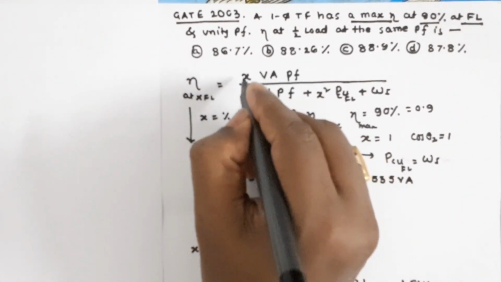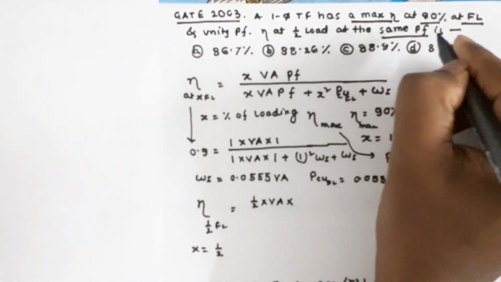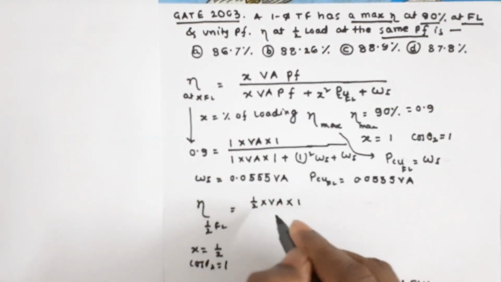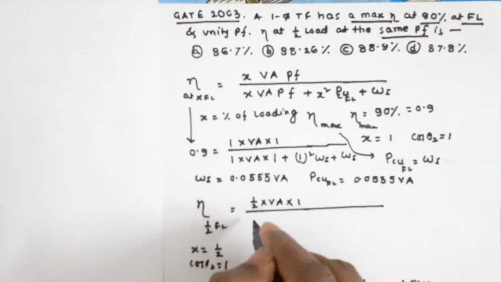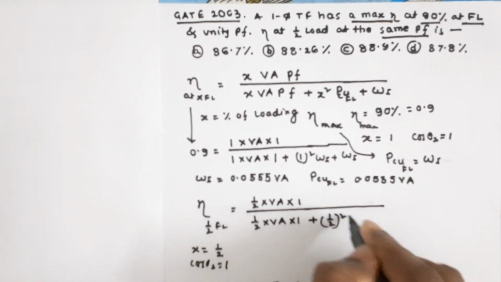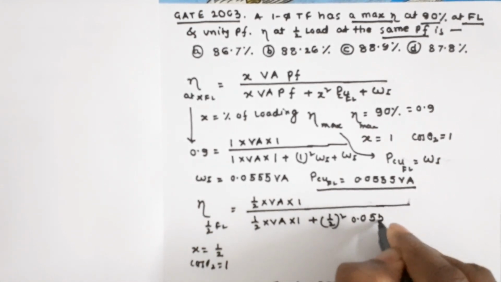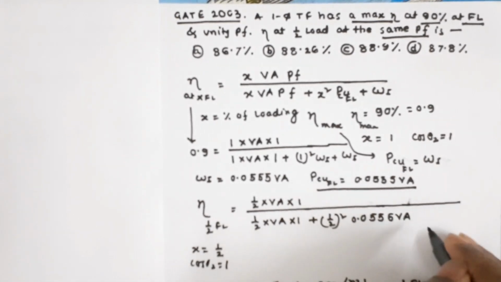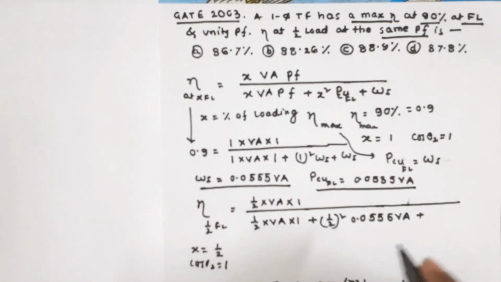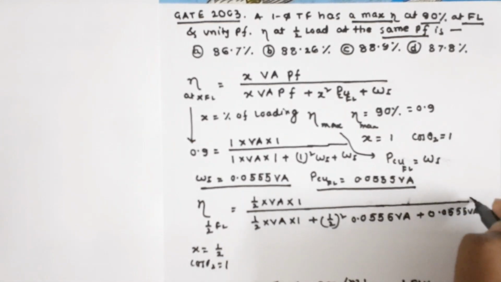If I use this formula, X equal to half into VA into power factor, here the same power factor, that means cos theta 2 equal to again 1, divided by X equal to half into VA into 1 plus X square equal to half squared, into full load copper loss, which is 0.0555 VA, plus iron loss, which is again 0.0555 VA, into 100%.